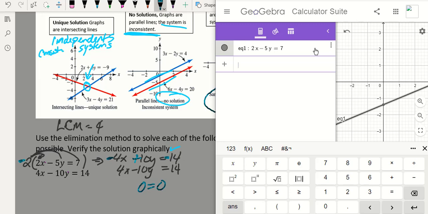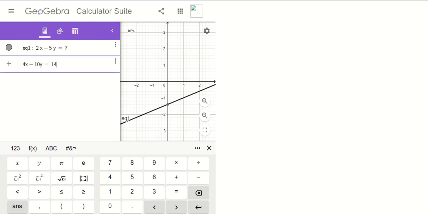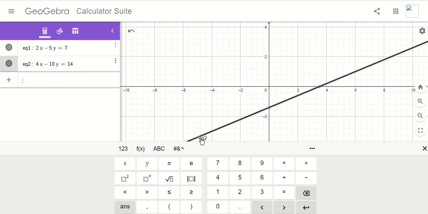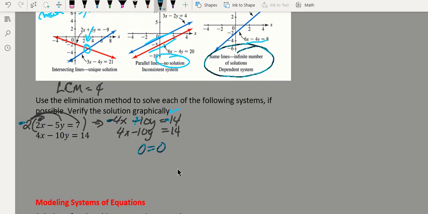And then we have 4x minus 10y equals 14, right? If I blow this back up, look at our equations. Even though I've graphed them both, equation 2 and equation 1 are actually the exact same line, meaning again that these are dependent solutions. So, infinitely many solutions.